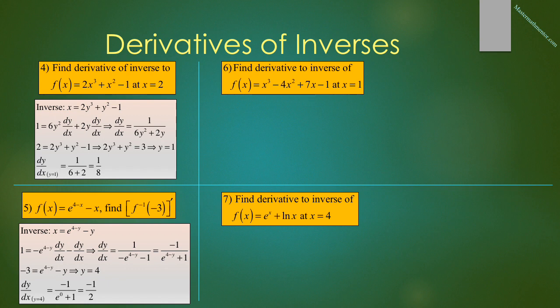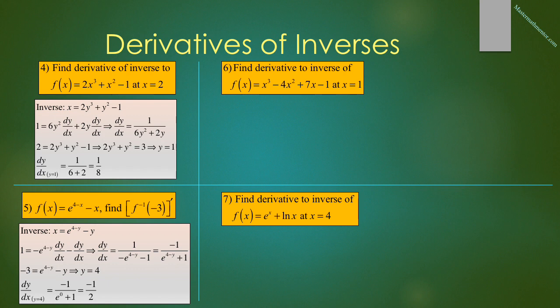In number 5, we have f of x equals e to the 4 minus x, and we're asked to find the derivative of f inverse of negative 3. We start by finding the inverse. x is equal to e to the 4 minus y, minus y. Again, it should be clear we will not be solving for y.